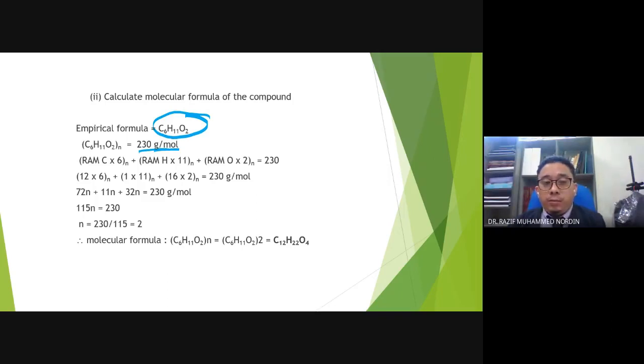So to know the actual number for each carbon, hydrogen, oxygen for that particular compound, we use this method. We put C6H11O2 in brackets with the symbol N, times that.